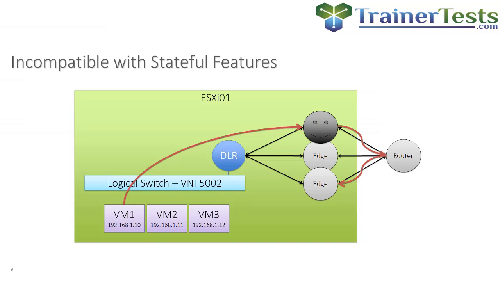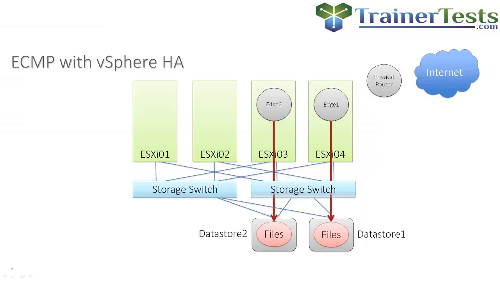So that return traffic might potentially come in through a different edge, and that other edge may not be aware of the state of that connection, and it might block that traffic. So that's just something to consider if you're possibly thinking about utilizing the NSX Edge in ECMP mode.